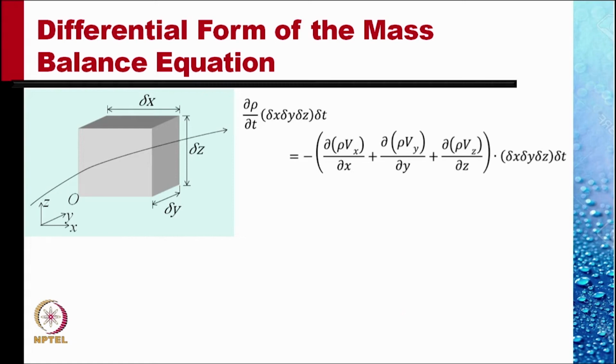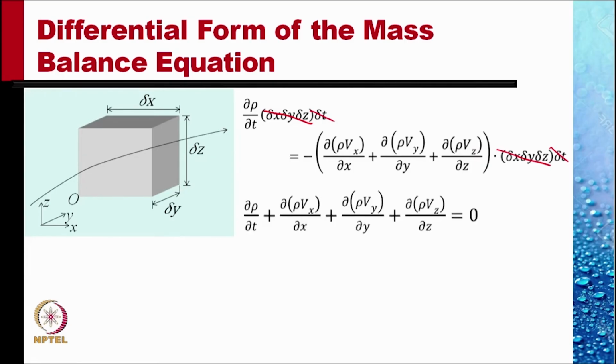The volume delta x, delta y, delta z cancels, delta t cancels, and the resulting equation is del rho by del t plus del by del x of rho Vx plus del by del y of rho Vy plus del by del z of rho Vz is equal to 0.